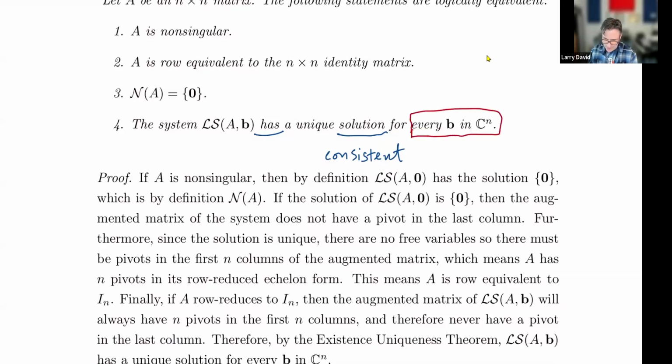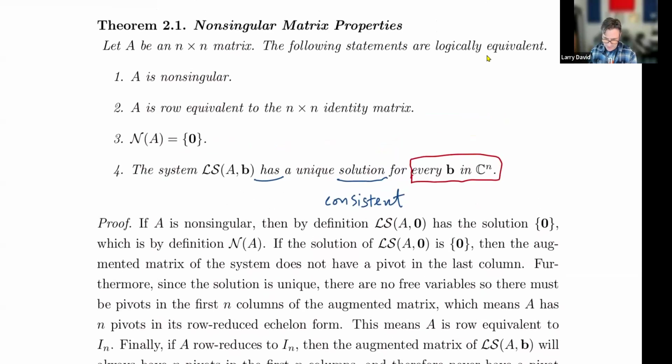In other words, it doesn't matter what b is. If b is any column vector in C^n, so if A is, say, 3 by 3, this would be C^3, then this system has a unique solution. Doesn't matter what the entries in the vector b are, we know that the system has a unique solution.